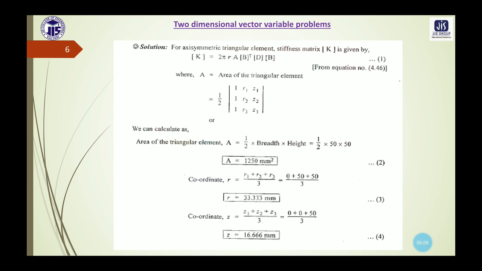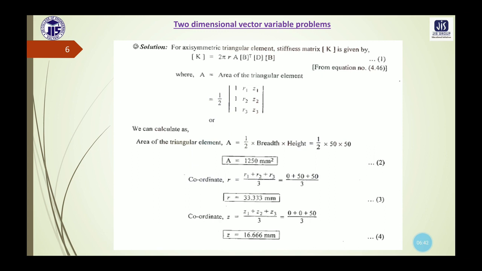First we will calculate the area of the triangular element. The formula for the area is half multiplied by the determinant of a 3 by 3 matrix: 1 R1 Z1, 1 R2 Z2 and 1 R3 Z3. As we know all the values of R1, R2, R3 and Z1, Z2, Z3 from the diagram, we can easily calculate the area.